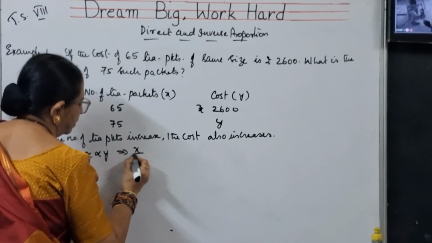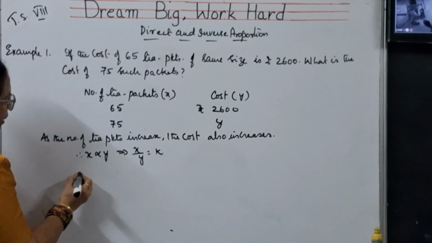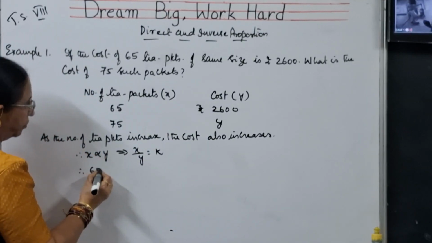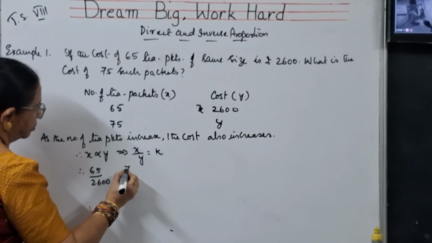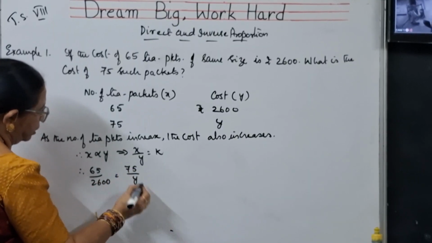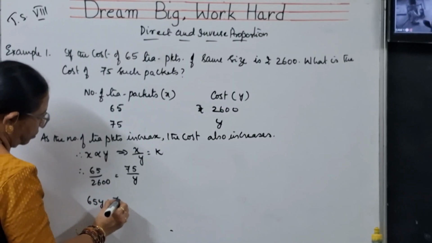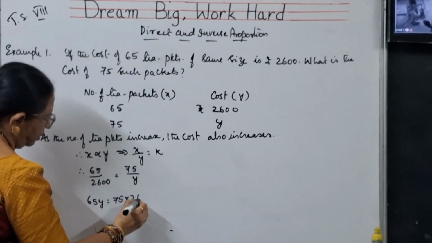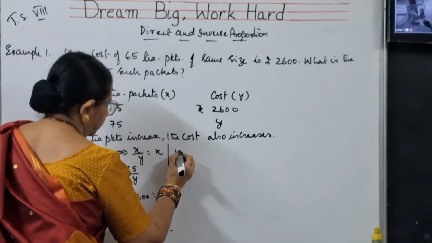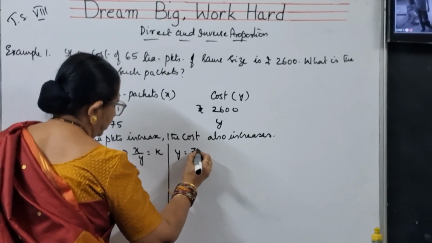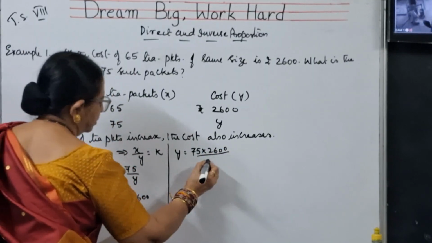This implies x by y will give you a constant value. Therefore, 65 by 2600 is equal to 75 by y. Means 65y is equal to 75 into 2600. So y is equal to 75 into 2600 by 65.